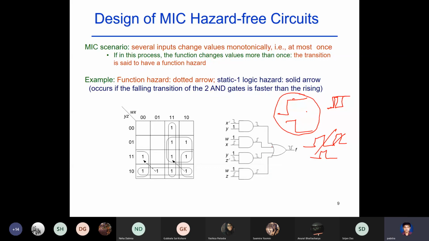And if that comes as input of the OR gate, naturally in the output there may be glitches. So this can happen. It can happen due to other things also. Maybe this falling transition is faster than the rising transition. So all this can happen.